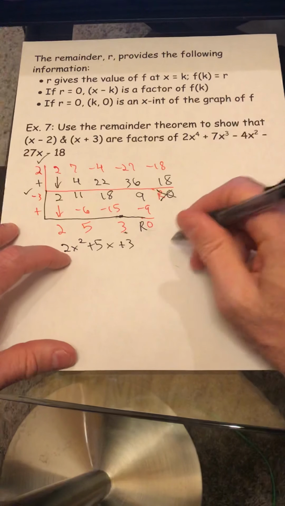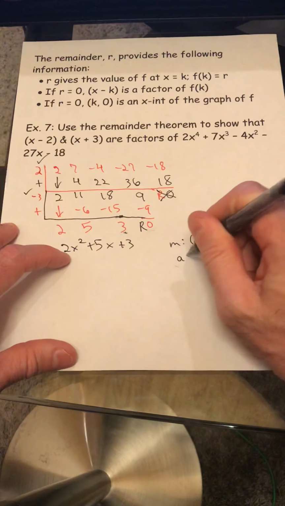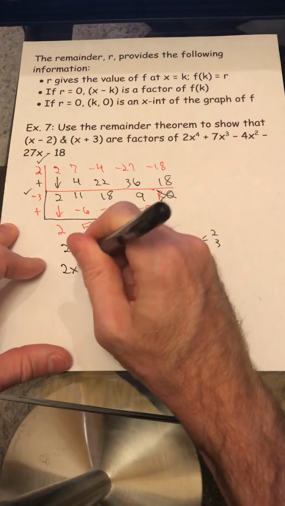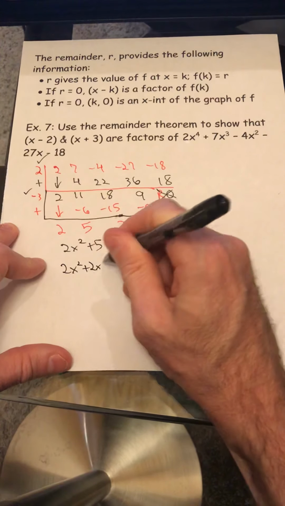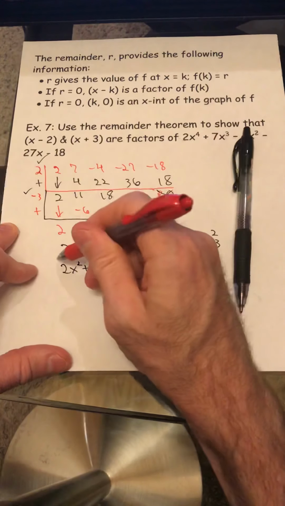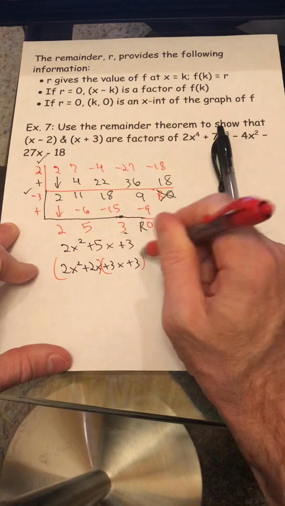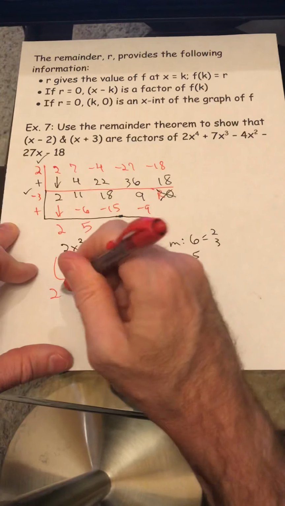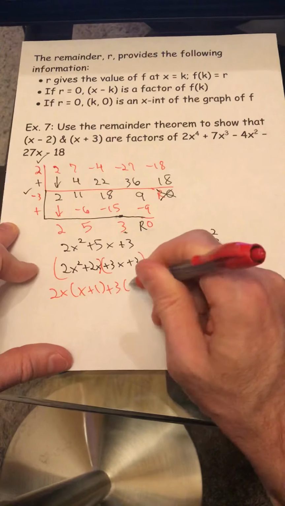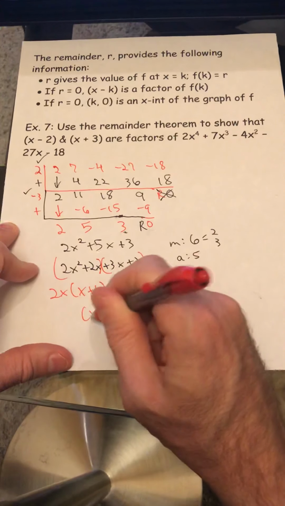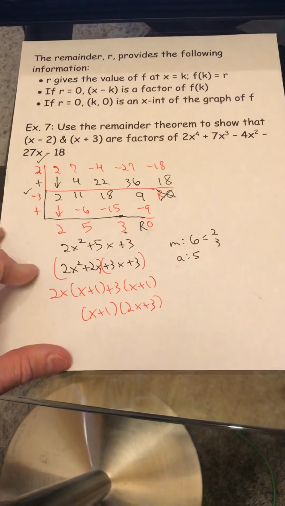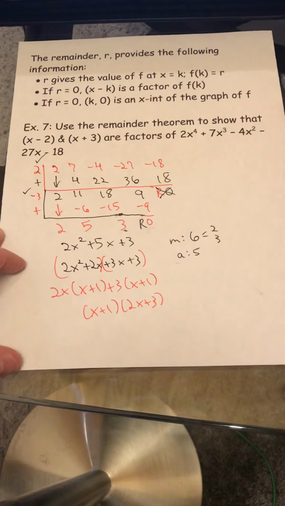So, what multiplies to 6 and adds to 5? Well, 2 and 3, so I can split the middle: 2x squared, 2x, 3x, and 3, and then you can factor by grouping. So take out a 2x, take out a 3, and there is your full factorization.